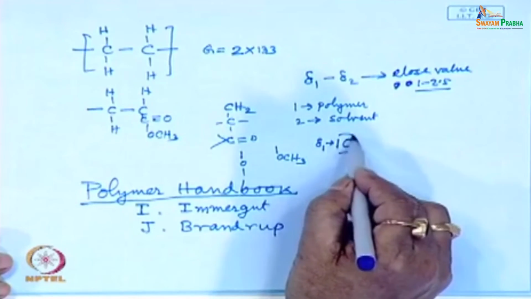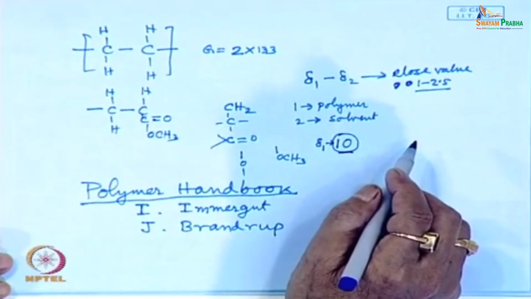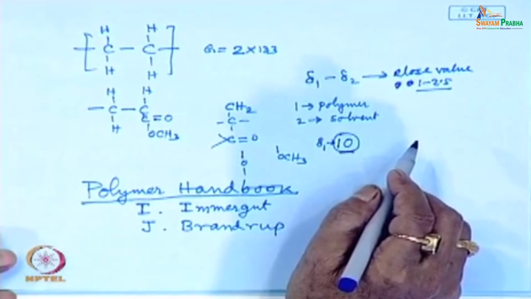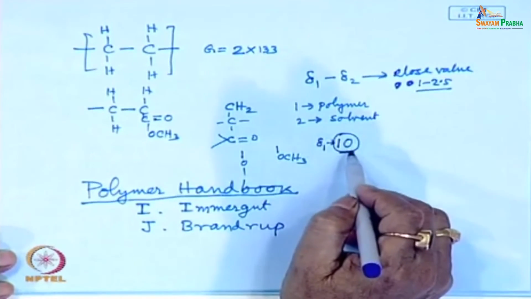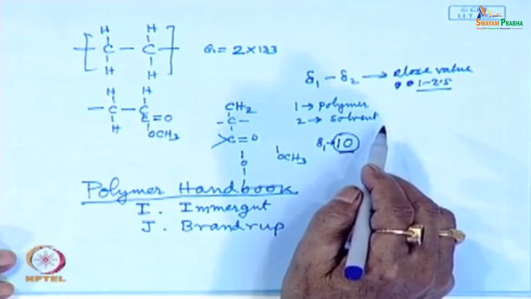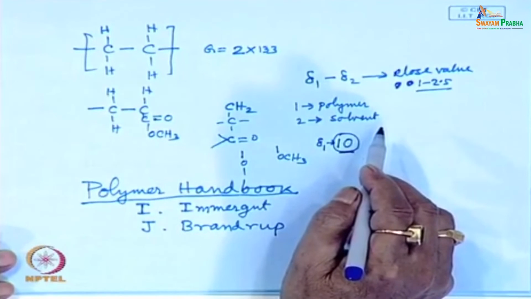So, if you find a solvent whose solubility parameter is close to this 10, then you can select that solvent. It is again not always true that the solvent can dissolve it, or the solubility of that polymer may not be very high in that solvent, but it can be used as a solvent.